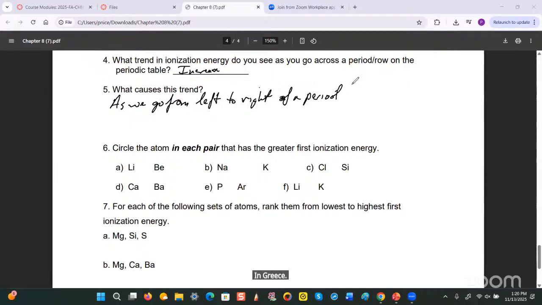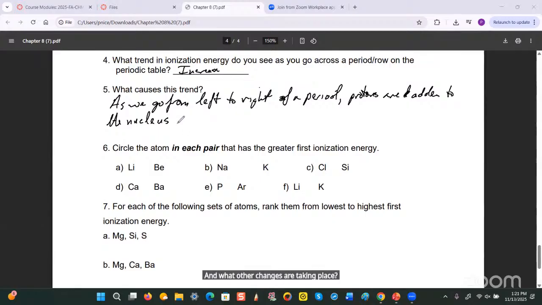They gain additional protons. Okay, so protons are added to the nucleus. And what other change is taking place?